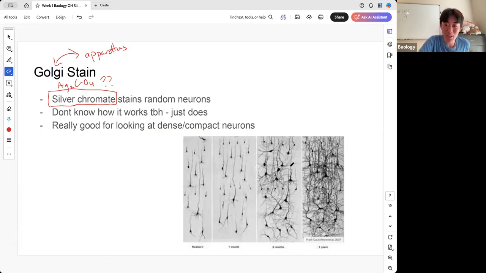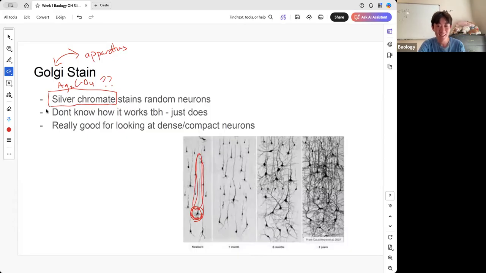So you can see in this picture, you have these neurons that are stained black in a white background. If we look at this neuron here, what do we call this part that is the biggest part and is kind of triangle shaped? Yes, it is called the cell body or the soma. Now, what do we call this long skinny part that's jutting out from the soma?